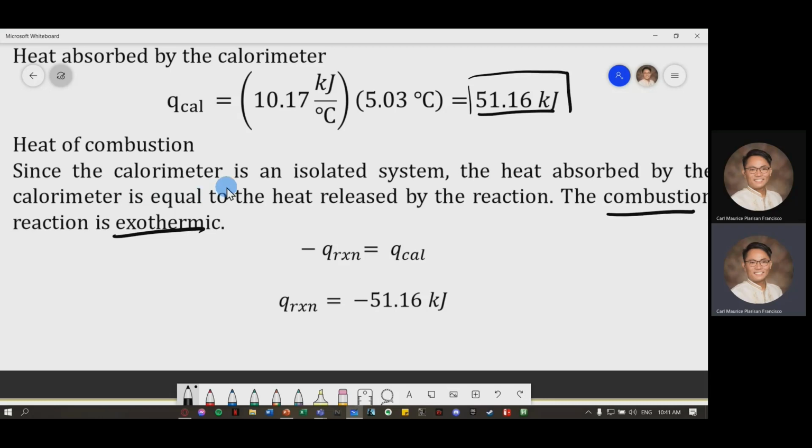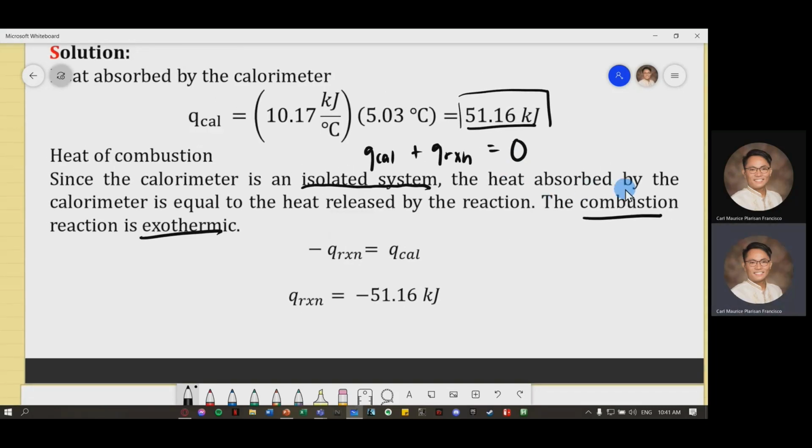Isn't the constant volume calorimeter isolated? In an isolated system, no mass or heat is added or released. So Q_cal plus Q_reaction should equal 0, because it is isolated. Now, the heat absorbed, Q_cal, is equal to the heat released. Whatever heat the calorimeter received is the same heat released through the reaction. The type of reaction we have is combustion.